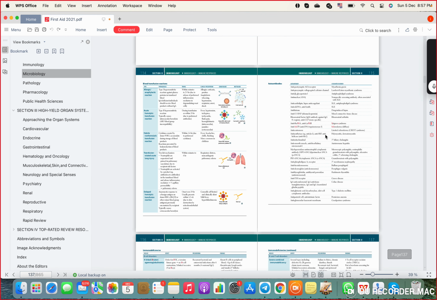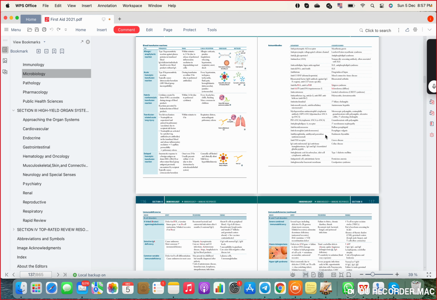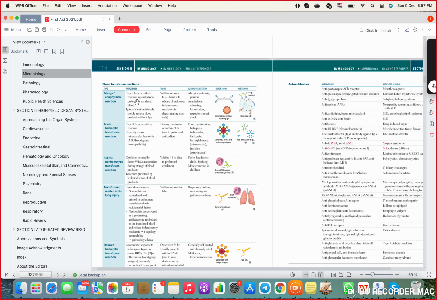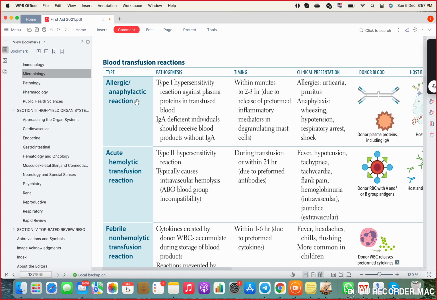Anyway, moving forward, there is something important I wanted to show you. If we speak about the patient who had not an allergic anaphylactic reaction, but instead took the blood and after 30 minutes started having fever, tachycardia and tachypnea, what do you think happened to him? I think it's acute, doc, because of ABO incompatibility. He has acute hemolytic reaction.